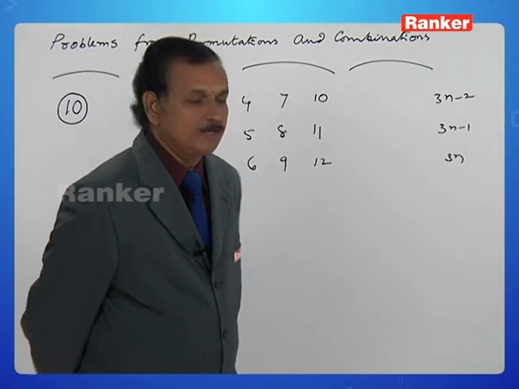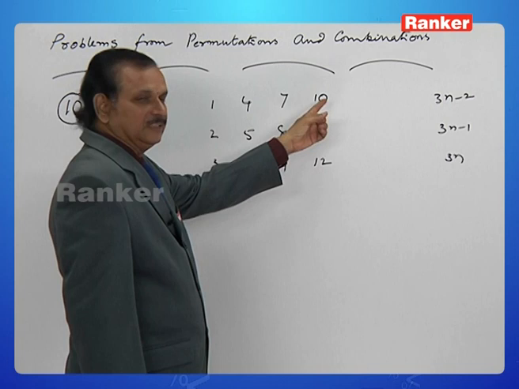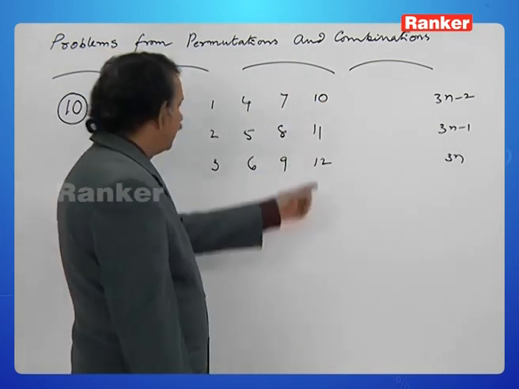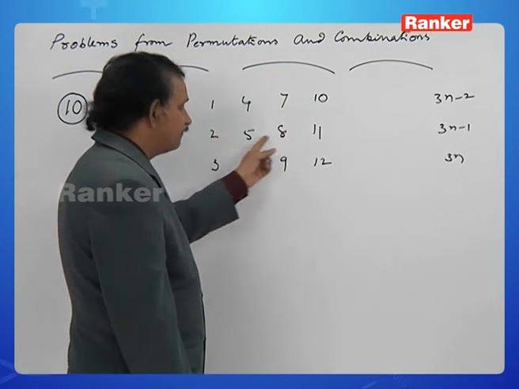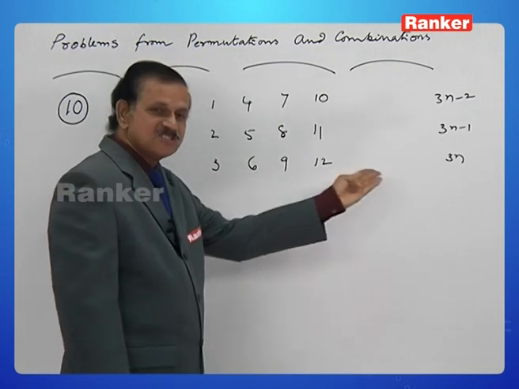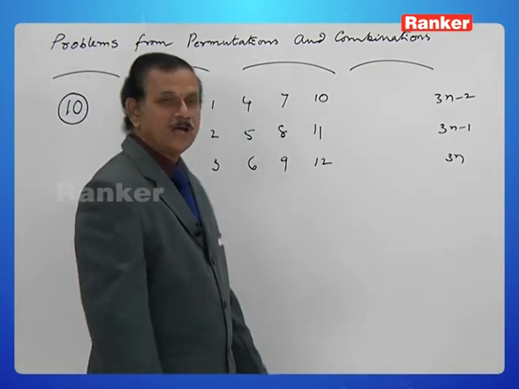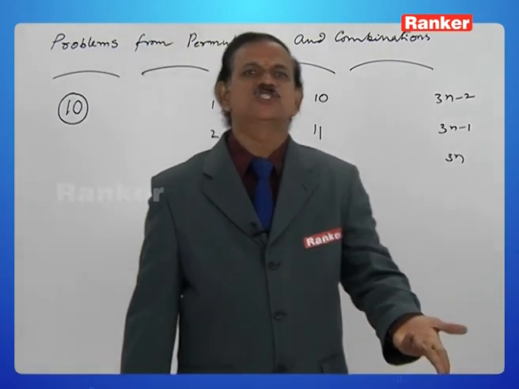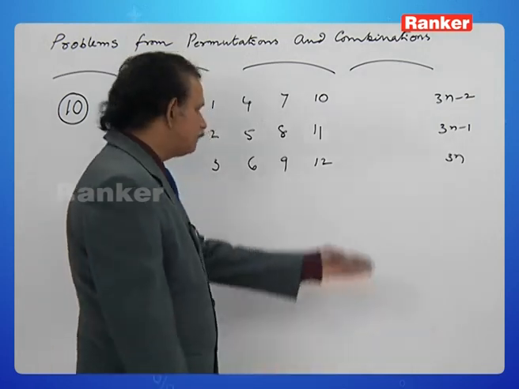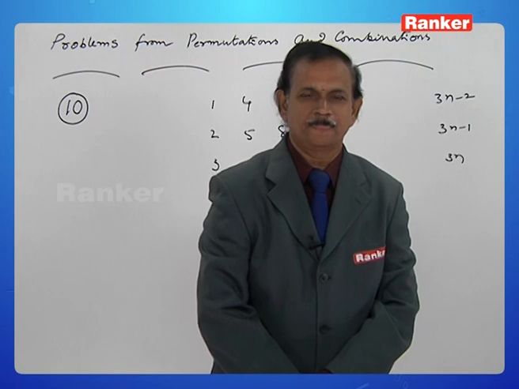You observe, you take any two elements in a row, the difference is divisible by 3. Any two you choose in this row, the difference is divisible by 3. The third row has an additional benefit also. What type of benefit is that? If you select any two numbers in the third row, their sum is also divisible by 3.